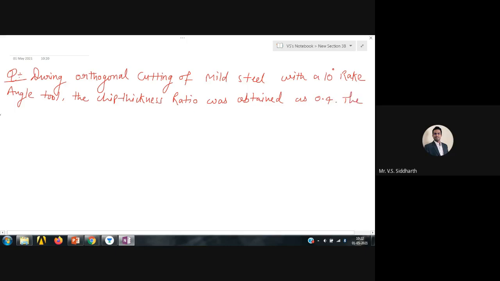The shear angle in degrees evaluated from this data is. Solve it and tell me.